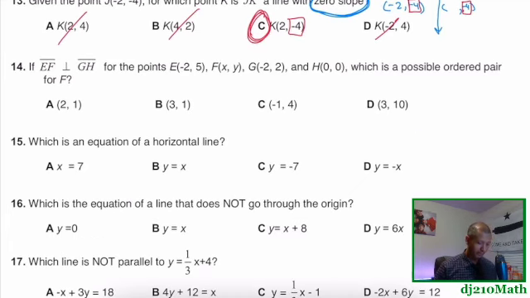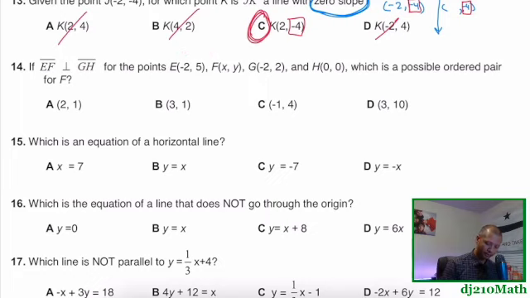14. If EF is perpendicular to GH for the points E, F, G, and H, which is a possible ordered pair for F? So let's think about this for a moment. EF, these 2 points, E and F, are perpendicular to G and H. So that means the slopes have to be opposite reciprocals.